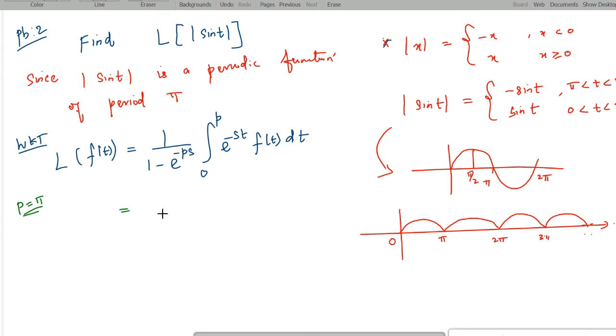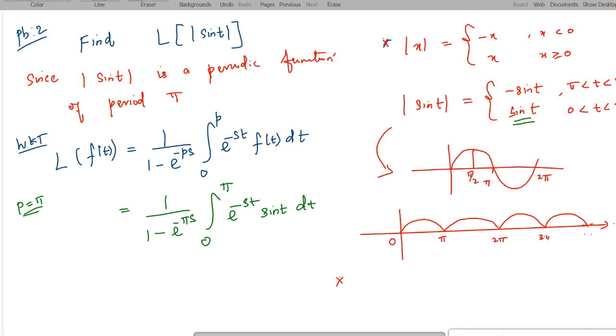So from that you may get 1 by 1 minus e power minus pi s, integral over 0 to pi e power minus st. In the interval 0 to pi the function is sin t, so you can substitute sin t dt.